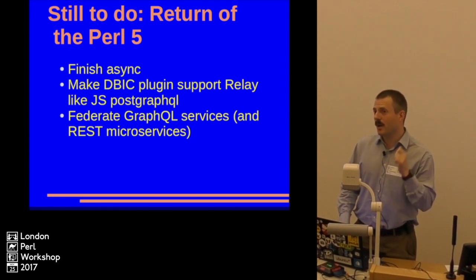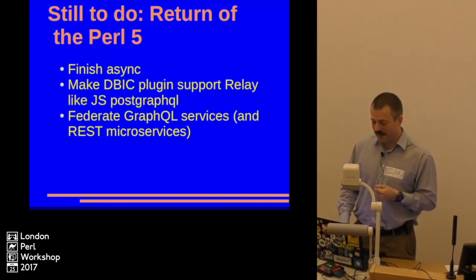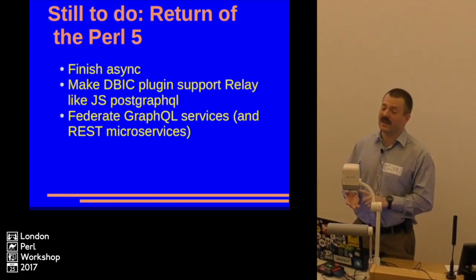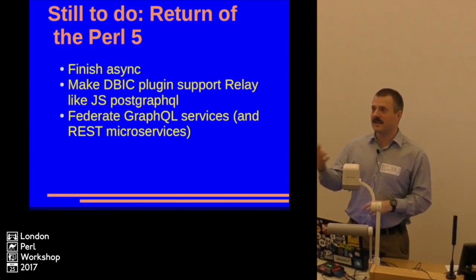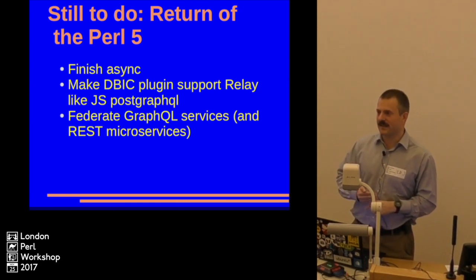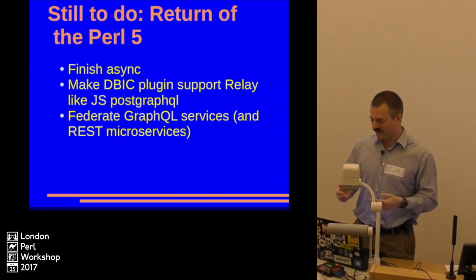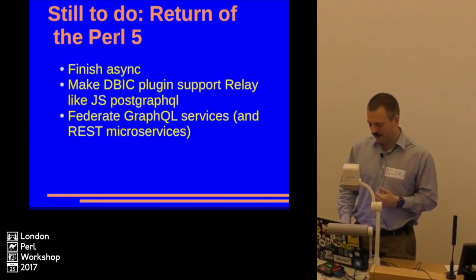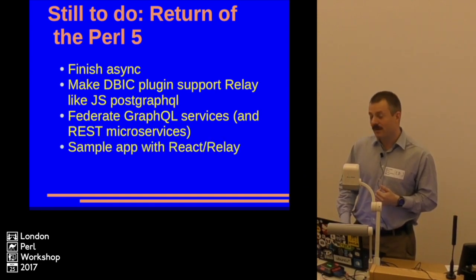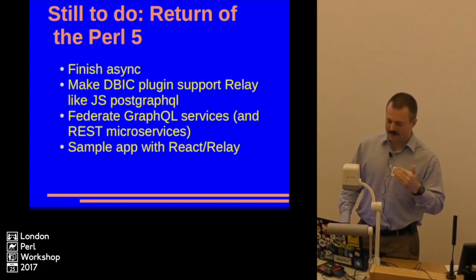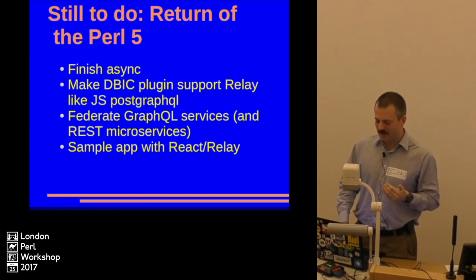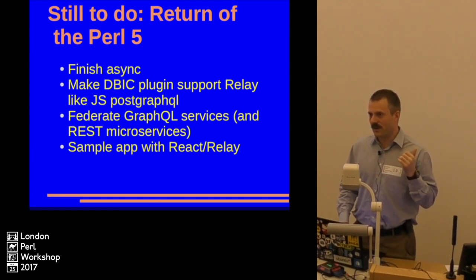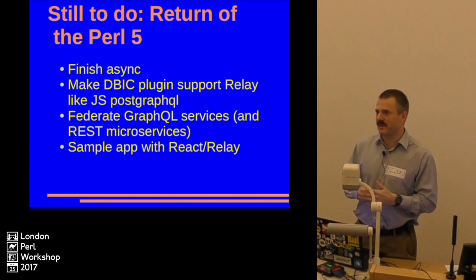And likewise, using the OpenAPI plugin that you've seen a reference to there, it'll be very straightforward, especially, in fact, only if they've got an OpenAPI specification, to generate a GraphQL thing from that and then federate that together. So these will all just be little tools, surprisingly small amounts of code and so on. And also, having got the bit that I mentioned about getting Relay support from the DBIC plugin, we'll also be able to make a sample app which will demonstrate this stuff.